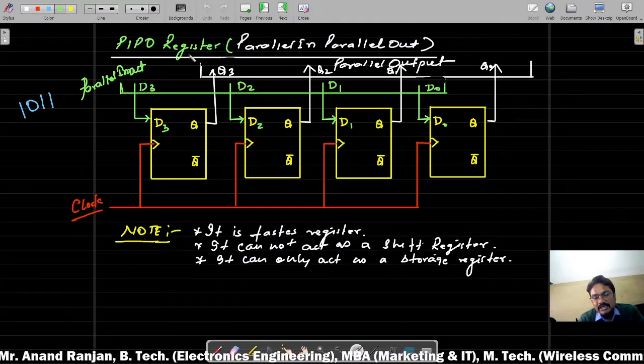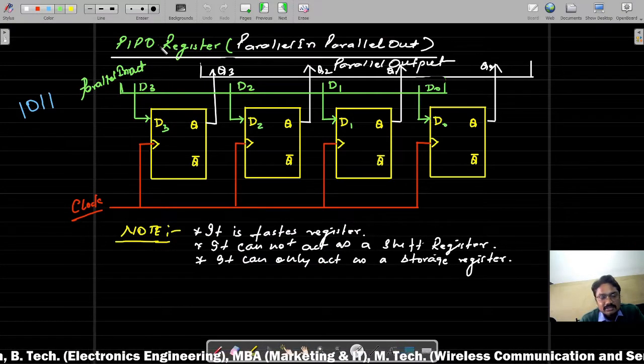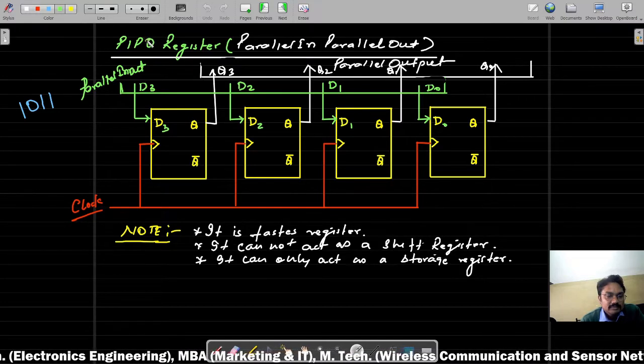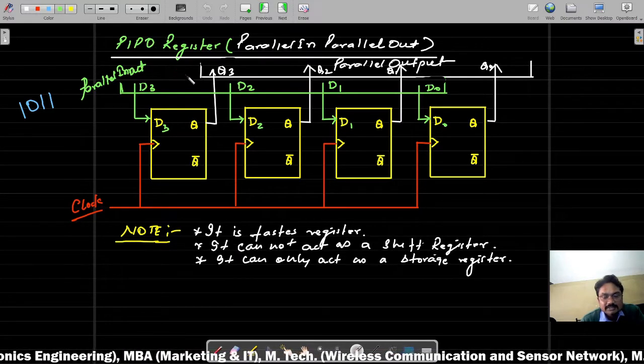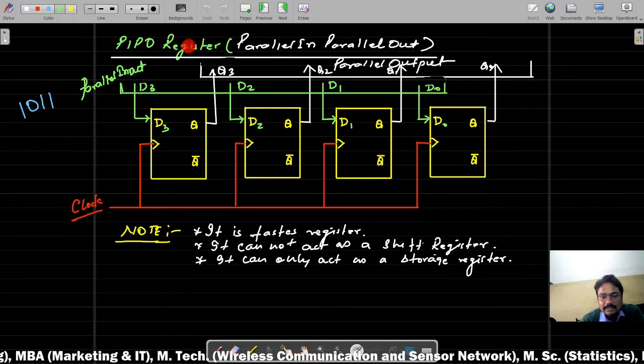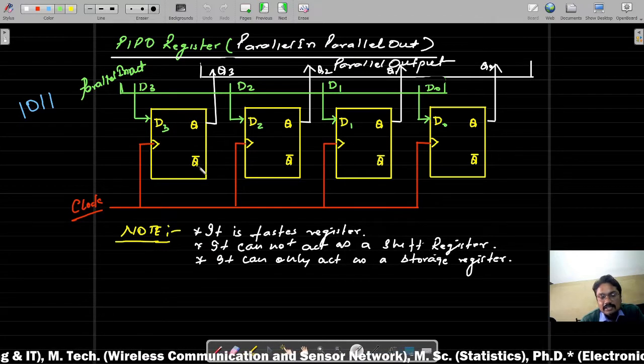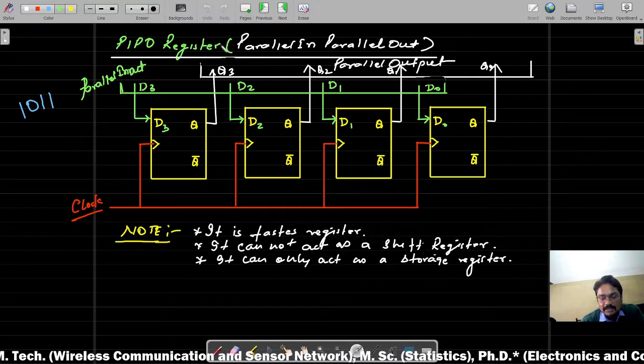Now, last but not least, you can make universal registers and many more kinds of registers, but these are the individual classifications. Here we talk about the parallel in parallel out register, in which data will be parallelly in and you can read the output in parallel.